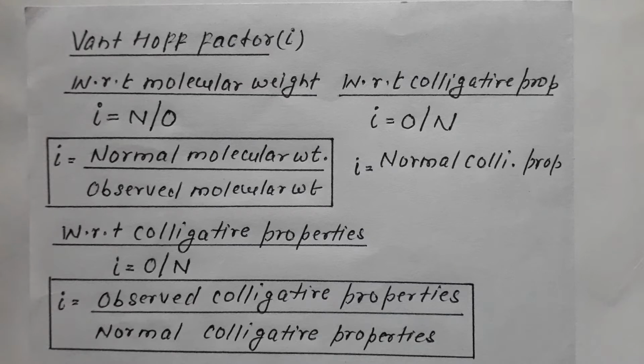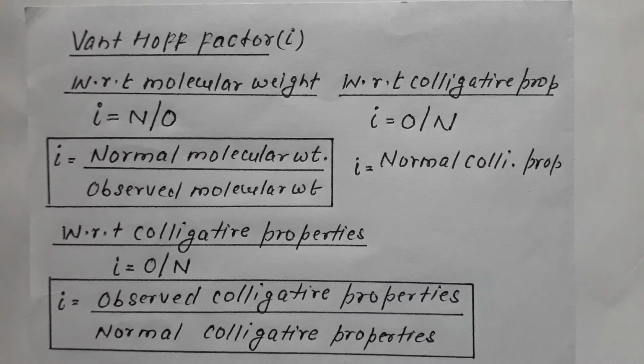With change in number of particles, the colligative property is going to change. With change in colligative property, the calculated mass, that is the observed molecular mass, will come to be different from the normal molecular mass, that is, it comes to be abnormal.